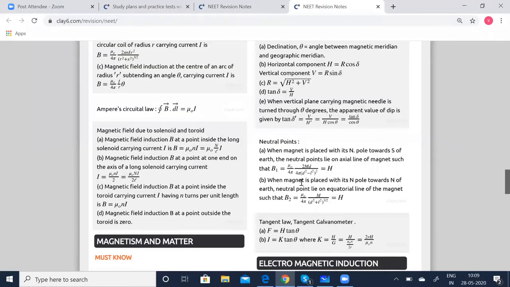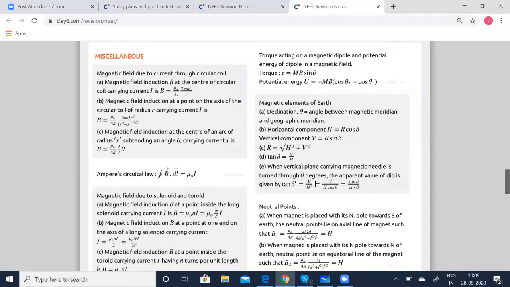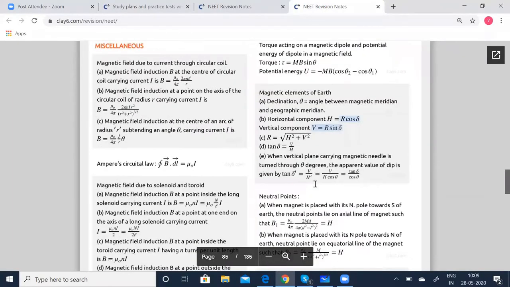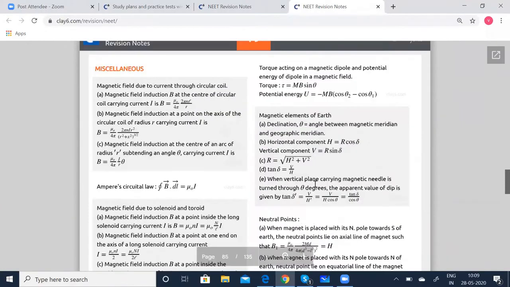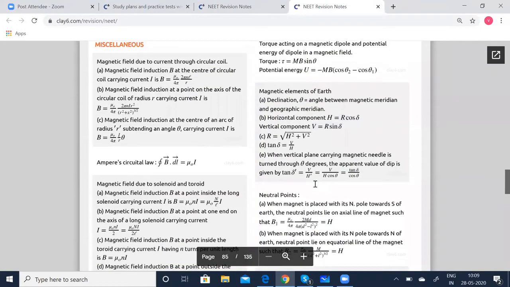When the magnet is placed with its north pole towards N of the Earth, the neutral points lie on the equatorial line of the magnet, such that V2 is equal to... So you can compare this with the equatorial position and the axial line.